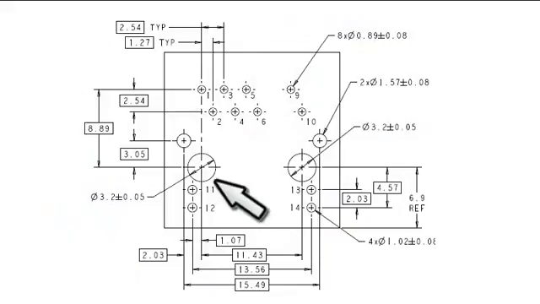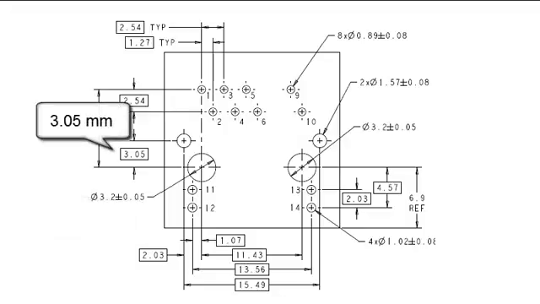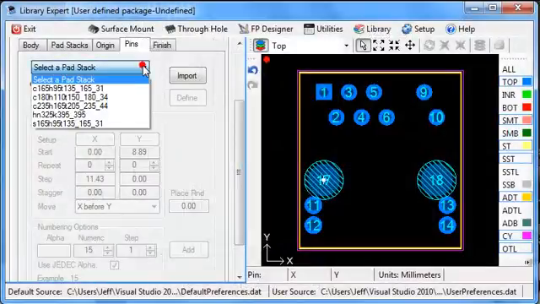Next, we're going to move the origin back to the left-hand mounting hole and add the left-hand shield pin at X minus 2.03 and Y 3.05. I select a pad stack for the shield pin.